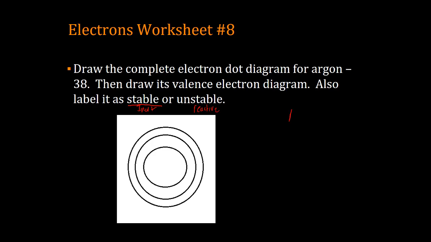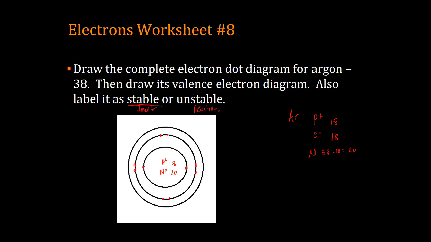So I look up argon. Argon is the 18th element, so it's got 18 protons. That means it's also got 18 electrons. And the neutrons is given by 38, its mass number, minus 18, that's 20. So in my nucleus, I put protons at 18, I put neutrons at 20, and then I fill in my 2 electrons there, and I need 18 total, so I'm going to put 2, 4, 6, 8.